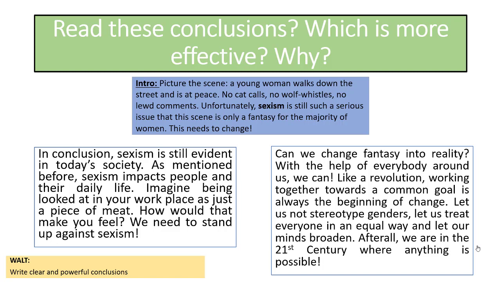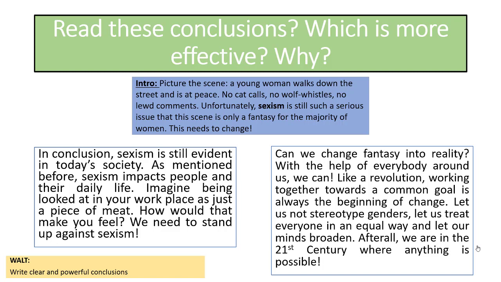Okay, so if you look at the first "in conclusion", we did say it's possibly not the best way to start, but if you are struggling, do start it off and then maybe change it, because we can actually take away "in conclusion" and just start off with "sexism is still evident in today's society." I feel like in this conclusion, we've just got sentences. "As mentioned before, sexism impacts people." "Imagine being looked at in..." that imagine sentence.